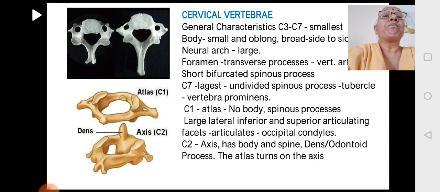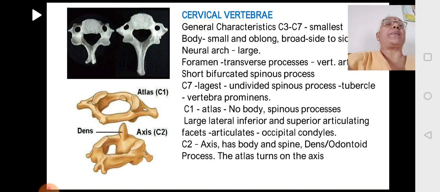On the body of the atlas there is a facet, and here the odontoid process of the axis will sit and turn around, and that's how it gives rotation to the neck. This you have to remember in the second cervical vertebra, the axis.